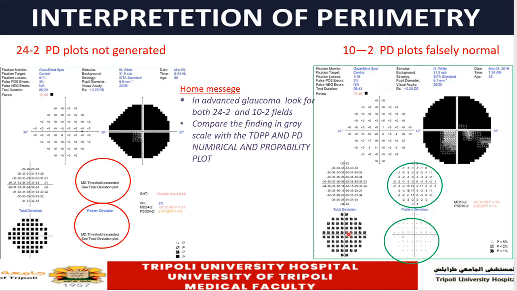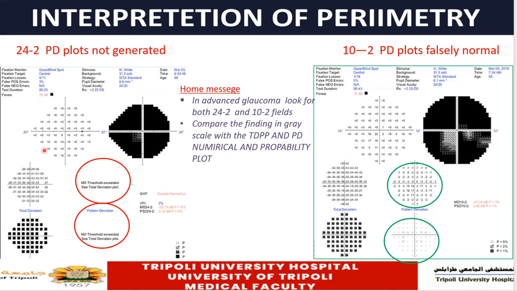As I explained earlier, the way we generate the pattern deviation in the 24-2 differs from the 10-2. In the 24-2, we have 51 spots after deducting the 3 spots adjacent to the blind spot.